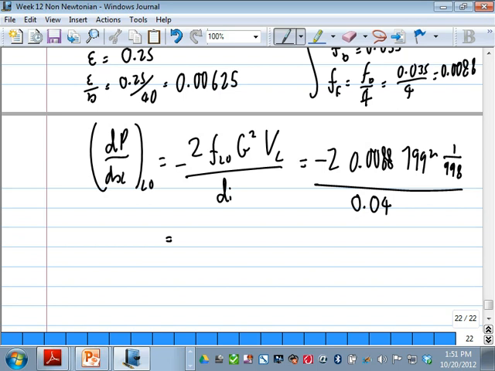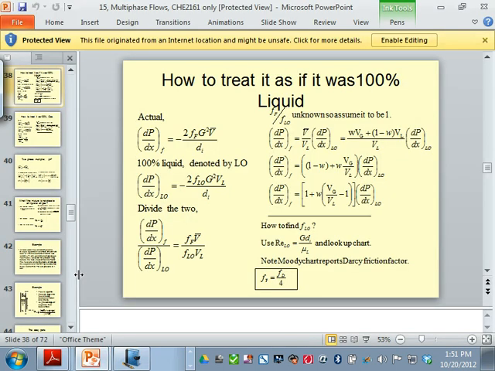Then after that, what else? That's the correction factor. dP/dx F equals to... v bar is this one here.